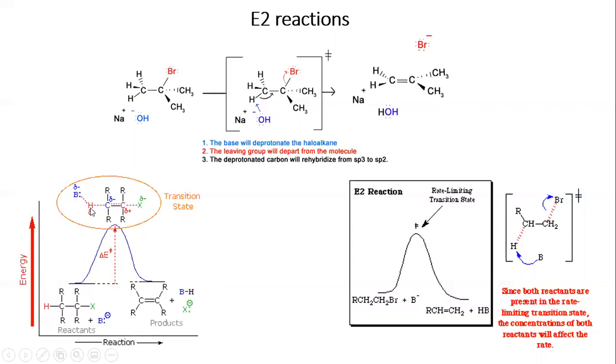This bond starts to form, the carbon-halide bond starts to break, and we start to form a pi bond between the two carbons. That's what's occurring at the transition state. After we roll down the transition state, the halide leaves, the hydrogen breaks apart, and we form a carbon-carbon double bond. So this again is a one-step bimolecular mechanism.